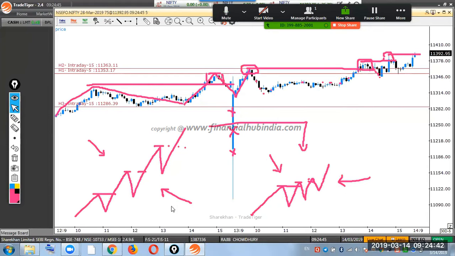So even if it's an uptrend and you want to go for a counter trend trade, then look for this kind of situation. Look for this kind of order flow where you see the buyers are really struggling to go up, but not this kind of situation where the buyers are just flying after a break of the previous higher high. Why the previous higher high? Because that's the point where the sellers came in last time.